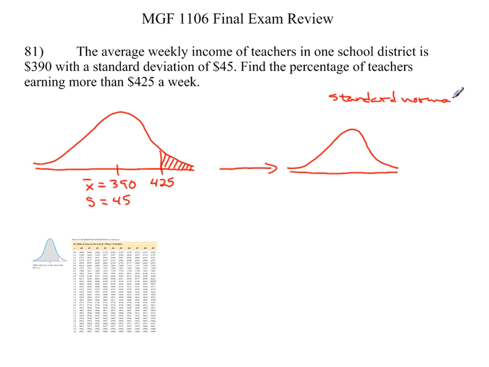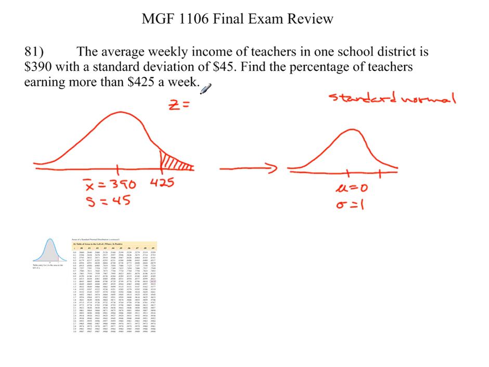In the standard normal curve, if you remember, the mean is 0 and the standard deviation is 1. So our 390 is going to be transformed into 0. Our 45 will be transformed into 1. Now we need to figure out what the $425 will be transformed into. We do that using z-scores.